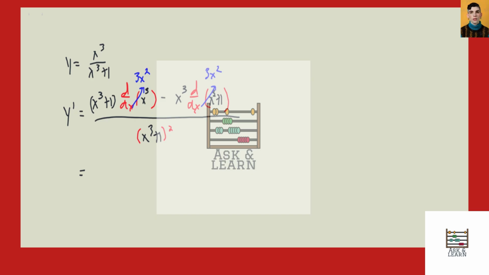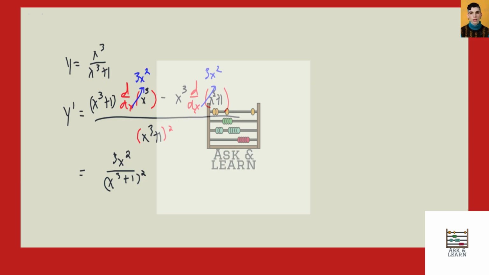Now, if we do that little bit of algebra there, this here should simplify to 3x squared over x cubed plus 1 squared.